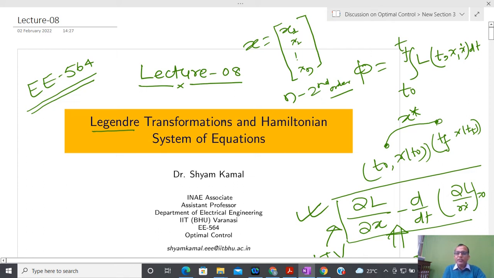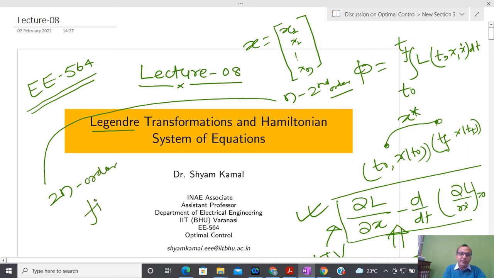By application of this transformation, it is possible to show that now I have to solve 2n first order differential equations, and obviously nonlinear differential equations also come into the picture.